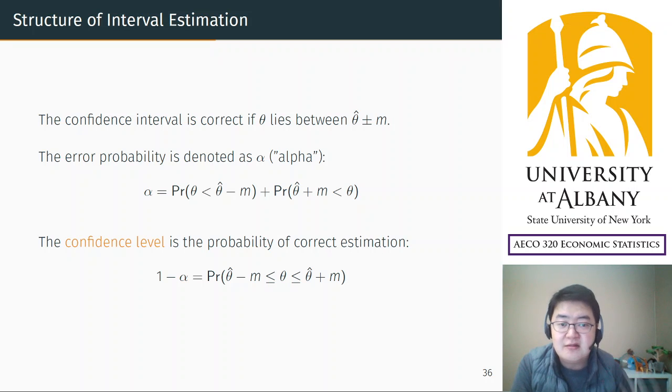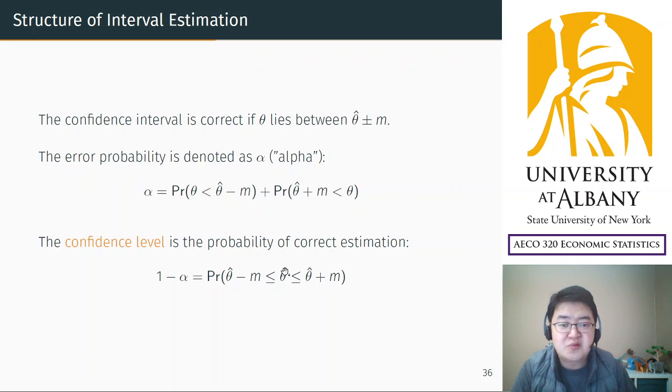In statistics, this error probability is usually denoted by alpha. Alpha captures the error probability. Its flip side is the probability of correct estimation. 1 minus alpha is the probability that the true parameter lies between the lower confidence limit and the upper confidence limit.